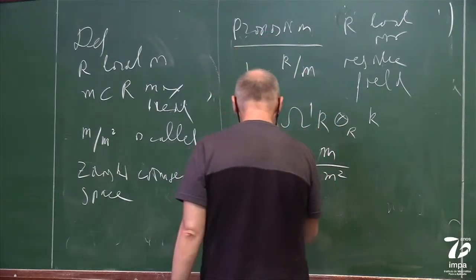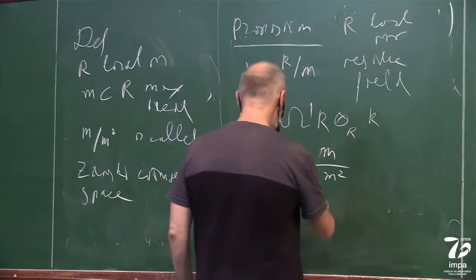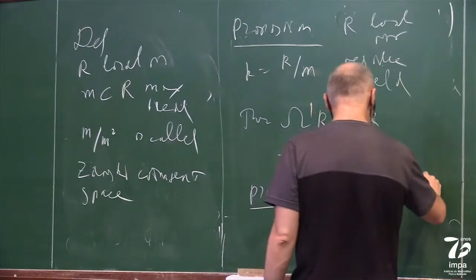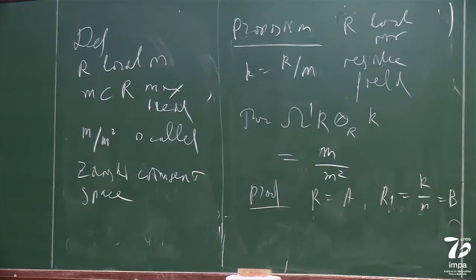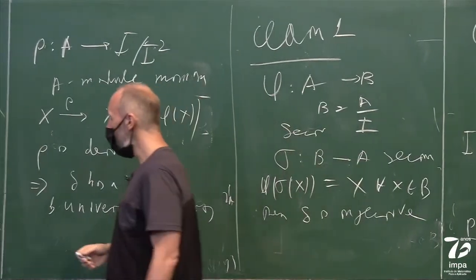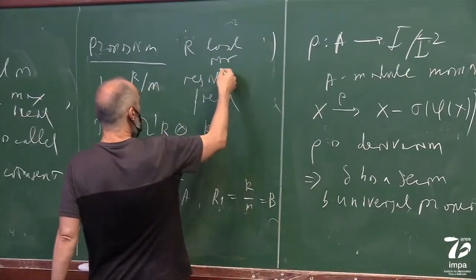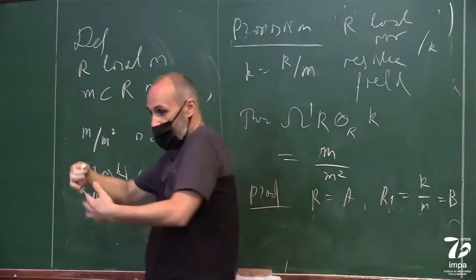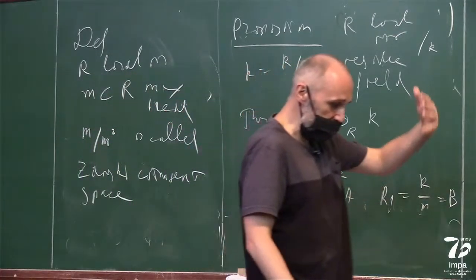Okay, so proof. I would use R equal to A, and R over M equal to B, and I would apply this exact sequence. We have a section because I assume that it's a local ring over K, so K is embedded there as the vector space generated by unity.